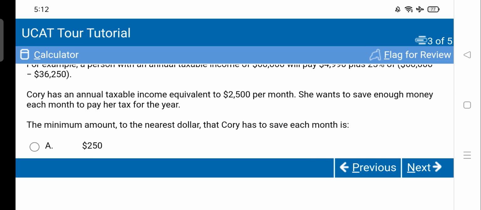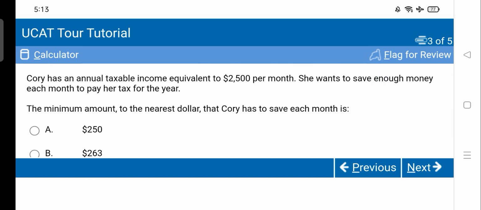So now here is a question: Corey has an annual taxable income equivalent to $2,500 per month. He wants to save enough money each month to pay her tax for the year.